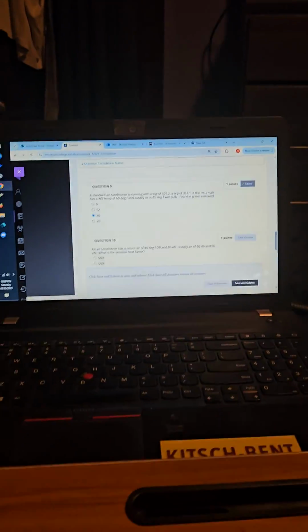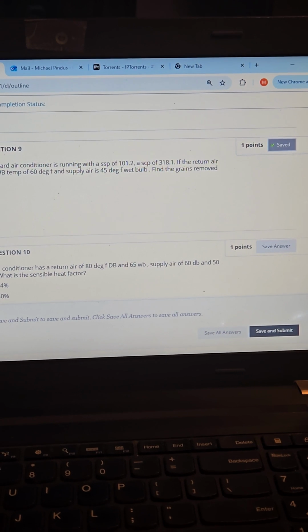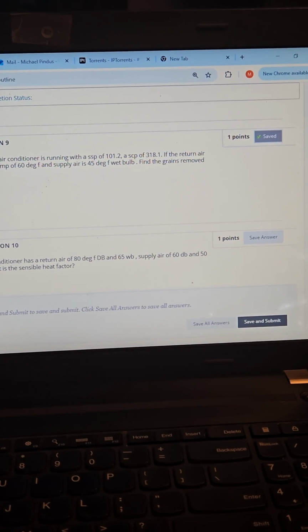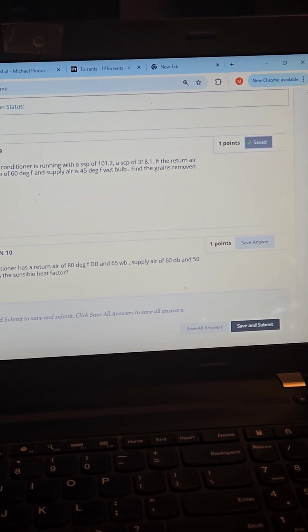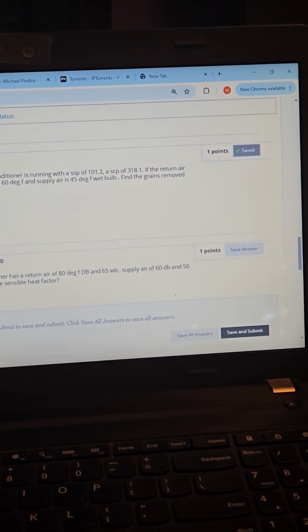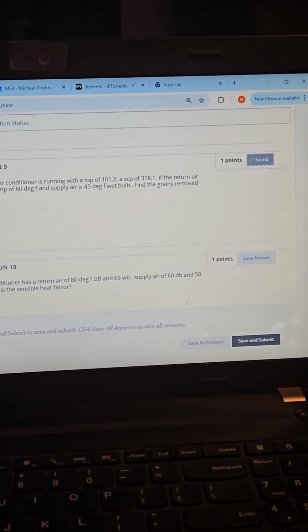We know an SSP of 101. You're going to use your chart, and that comes to, I wrote it down, hold on. SSP comes out to SST equals 32.1. We'll just say 32. And your SCP, which is irrelevant, comes to 99.9 or 100.